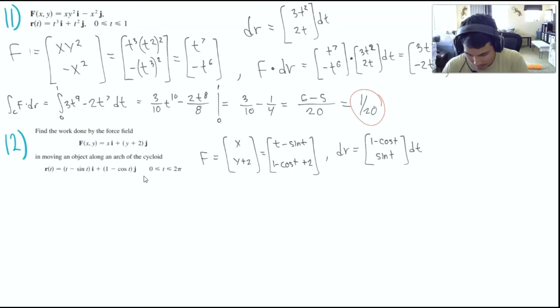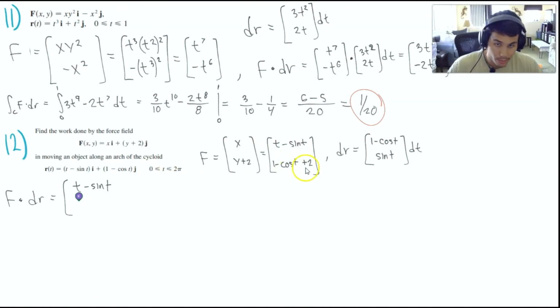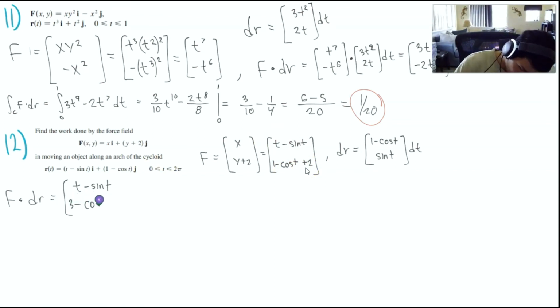And let's take the dot product of those two vectors. So we go t minus sine t, 1 plus 2 is 3, it's 3 minus cosine t, dotted with 1 minus cosine t, sine t dt.